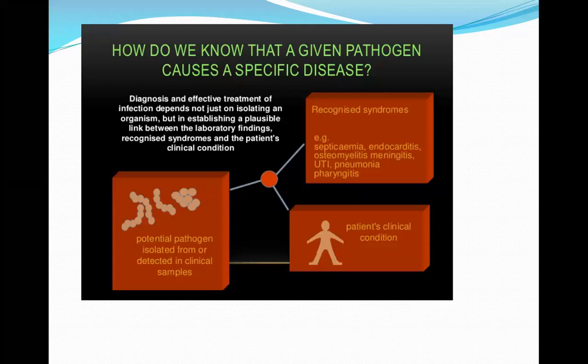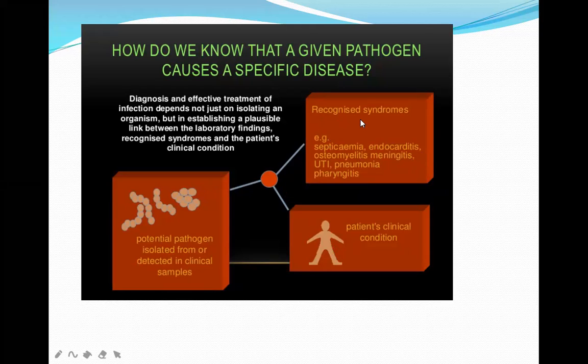How do we know that a given pathogen causes a specific disease? See here, this is the diagram. A potential pathogen is isolated from or detected in clinical sampling. Actually, this is the sample of the pathogen. When this pathogen enters the patient, it shows symptoms.